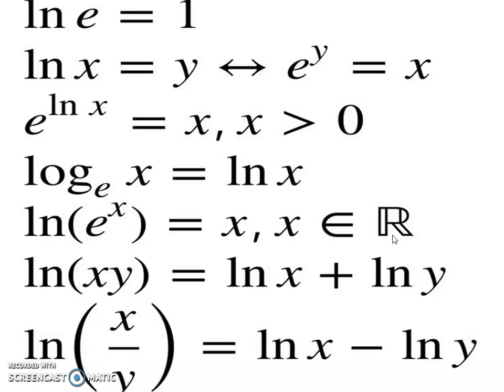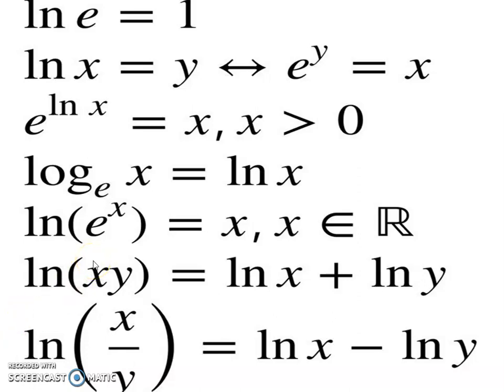Okay, now we start the next laws of logarithm: ln xy is ln x plus ln y, and ln x upon y is equal to ln x minus ln y. Students, do not get confused about log and ln.